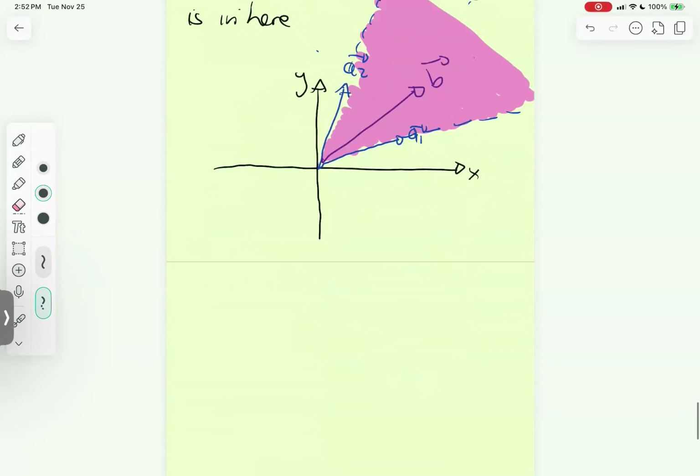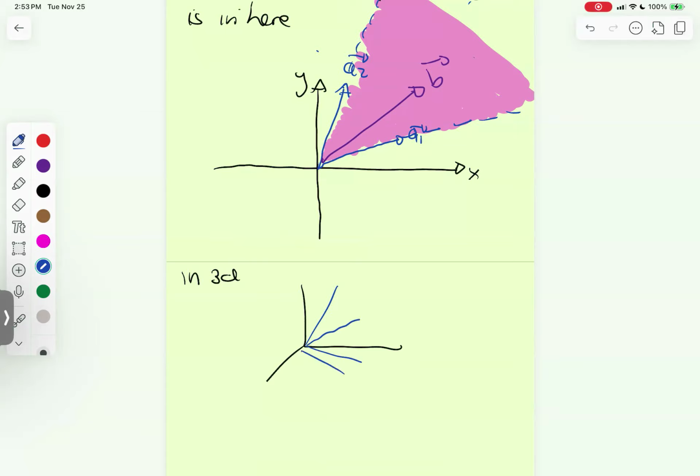In 3D, if you had just four vectors, the cone is determined by the extreme ones, and you see the cone. So there's no restriction on the number of vectors; some of them may just not add anything.